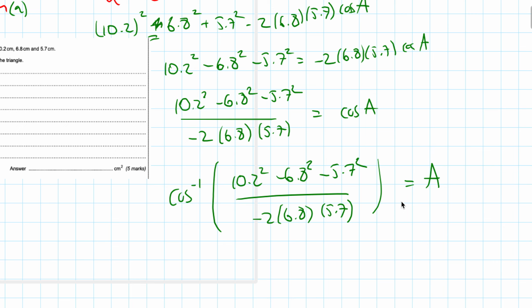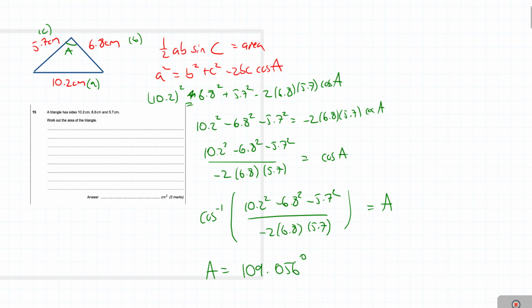If you're not comfortable doing that, then you can obviously find the value for the denominator and the numerator, but I would plug this directly into your calculator using the fraction sign, so you're putting it in a fractional form so that you can find it easier to sub in. So if you plug this in and find cos inverse, you should get an angle of big A of 109.056 degrees.